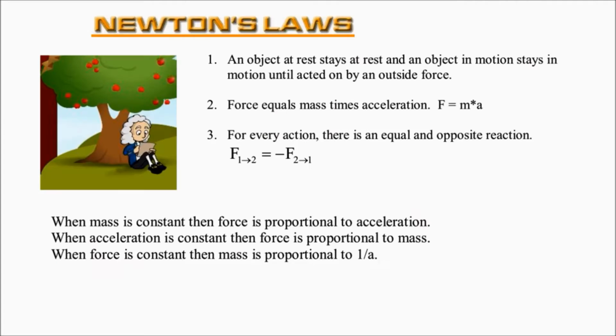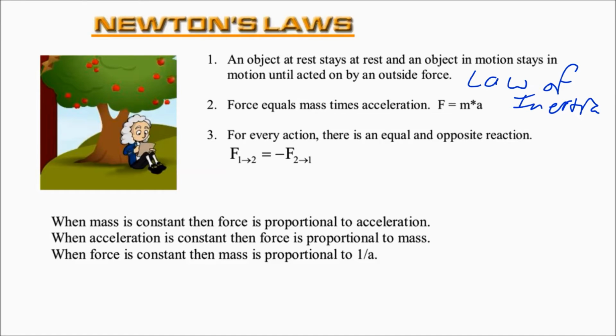Okay? Alright, so let's move on to Newton's 3 laws. Newton's first law has its own special name. This is actually called the law of inertia. And inertia is just an object's tendency to resist change in velocity.